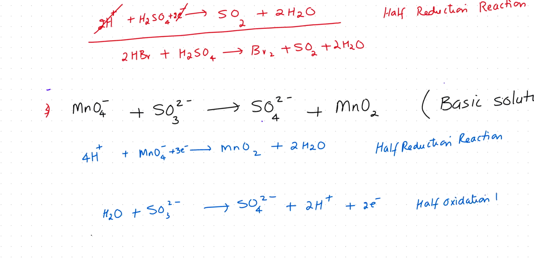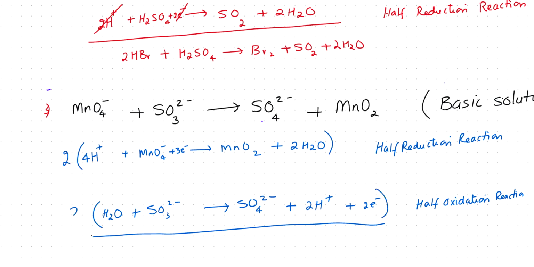Now we add the 2 reactions to make the redox reaction. Here there are 3 electrons, here there are 2 electrons, so we cannot cancel. To cancel, we have to have the same number of electrons on opposite sides. So we multiply this equation by 2 and this equation by 3.